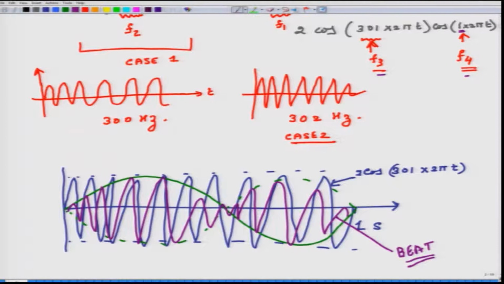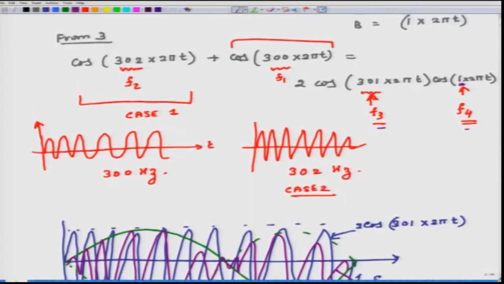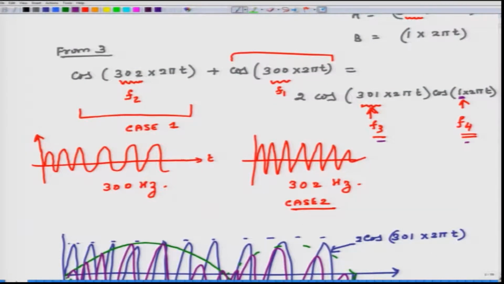And how do you get this beat? It is 302 minus 300, divided by 2. So, the sound will go up and down once each second if the difference is 2 hertz. If the difference is 1 hertz, then it will go up and down only half a time each second.